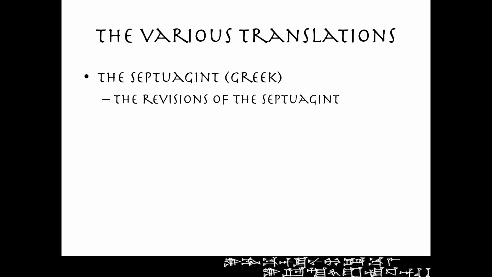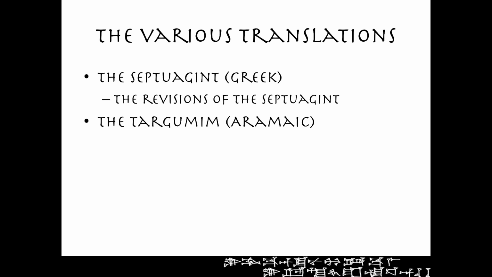So, what are the various translations that we see in antiquity based on the Hebrew text? Well, first, the Septuagint, the Greek text, and its revisions, which we'll talk about beginning tomorrow. The Targumim, or the Targums, these are Aramaic. They follow the MT pretty closely, generally speaking.